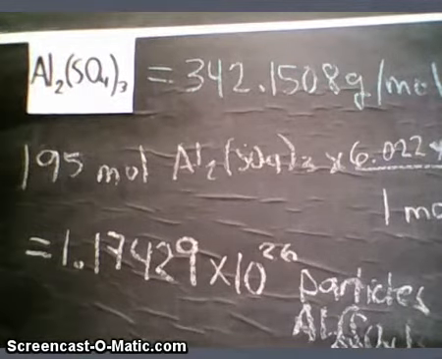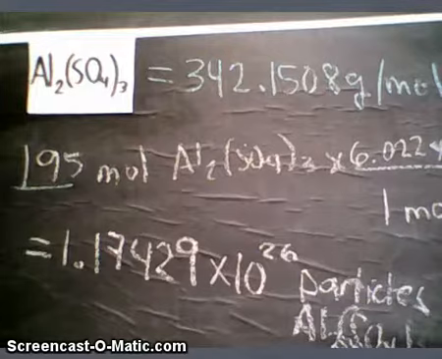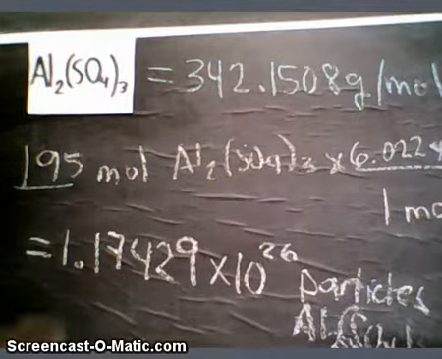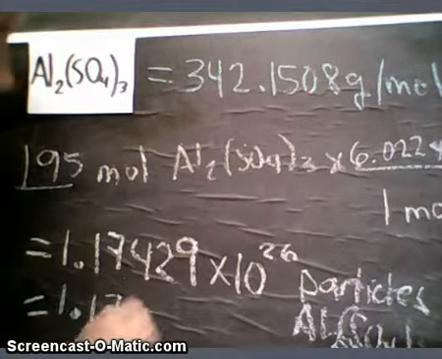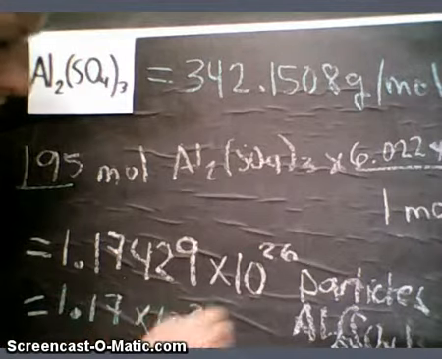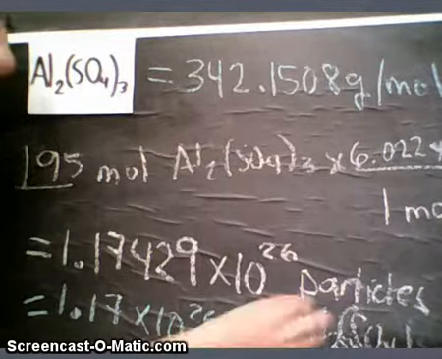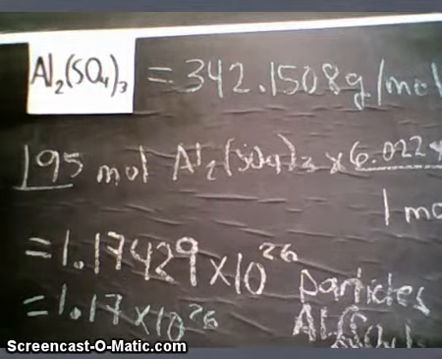And again, this number is too large. So we have to go back and check our sig figs. We only have 3 significant figures, so our final answer can only have 3 significant figures. So this number will change to 1.17 times 10 to the 26. And our units will still be particles of aluminum sulfate. So that's the final answer.